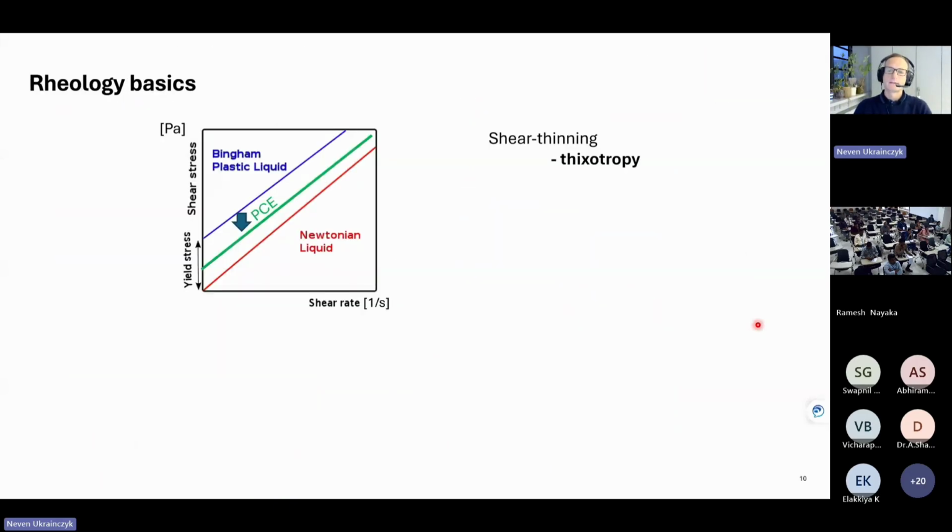Now a little bit about the rheology. Newtonian liquid, if we have here shear stress and here shear rate, the Newtonian liquid, like water, doesn't have any yield stress. It just starts to flow immediately as we have some shear rate. But typically cementitious materials and also concrete have Bingham type behavior, so they have this yield stress.